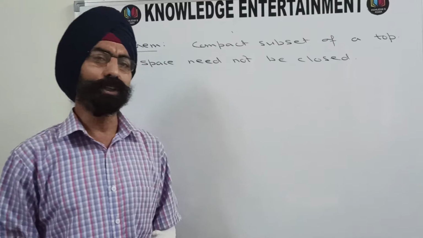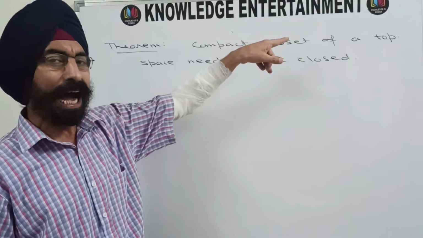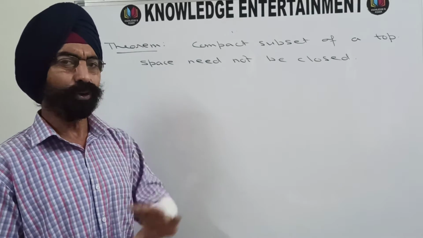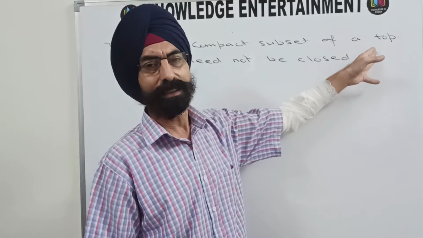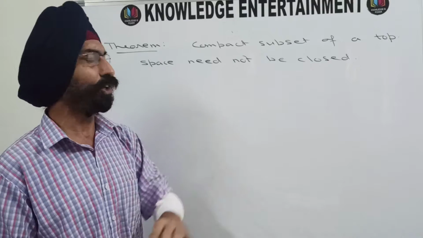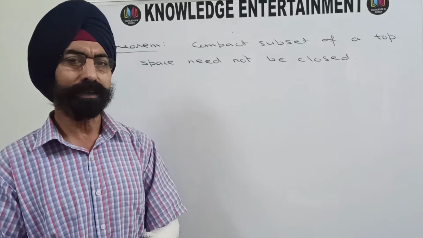In a previous video, we have shown that a compact subset of a Hausdorff topological space is closed. But if you drop the condition of T2-ness, Hausdorffness, then a compact subset of a topological space need not be closed. So we'll have to give an example, definitely.